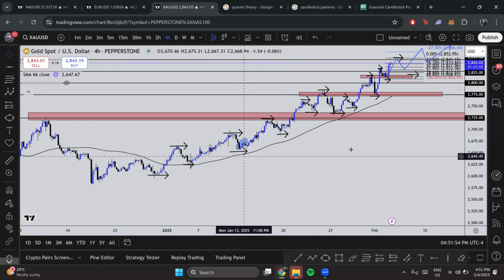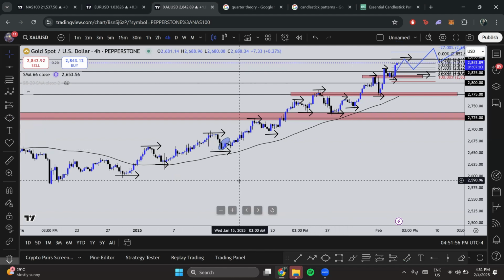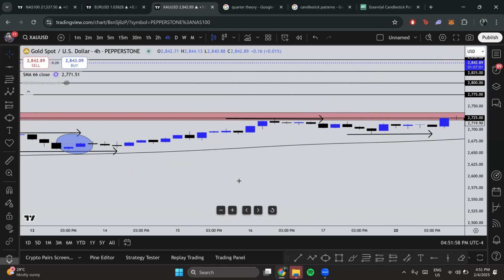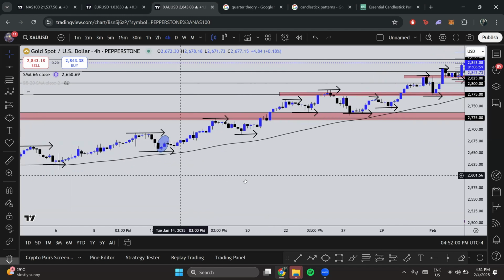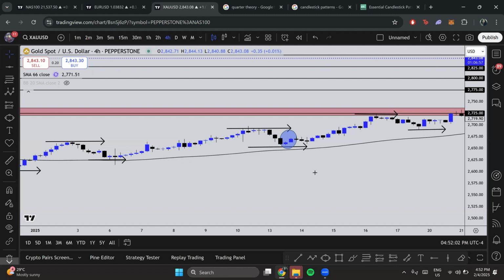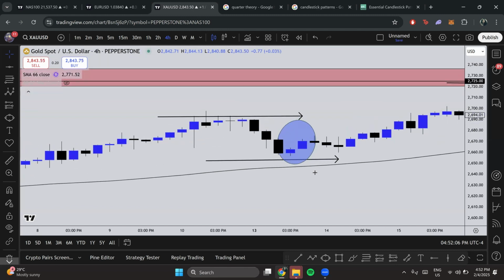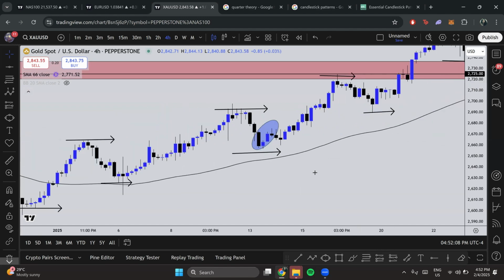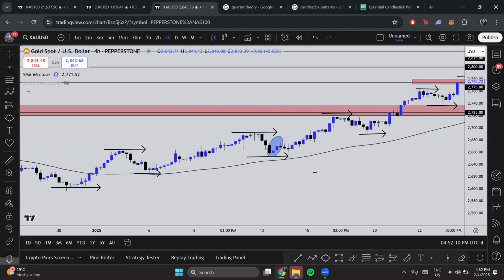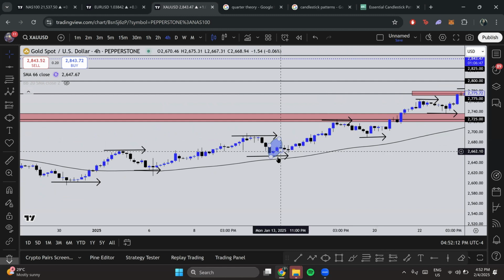So this right here, let me zoom in so you all can see, right? This is an example of a morning star. You have the bearish candle, then you have the doji to the bottom, and then you have the bullish candle.